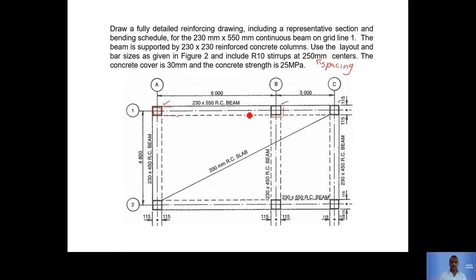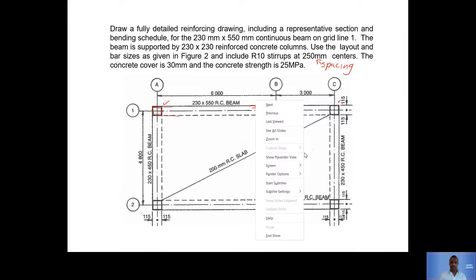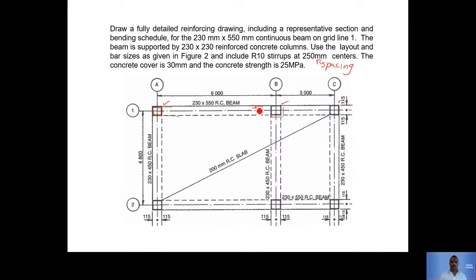For example, the beam ends over there, so probably the bars start over there. So the spacing there is what we call the cover, but you get to see it more. The concrete strength is 25 MPa. So this is just details.